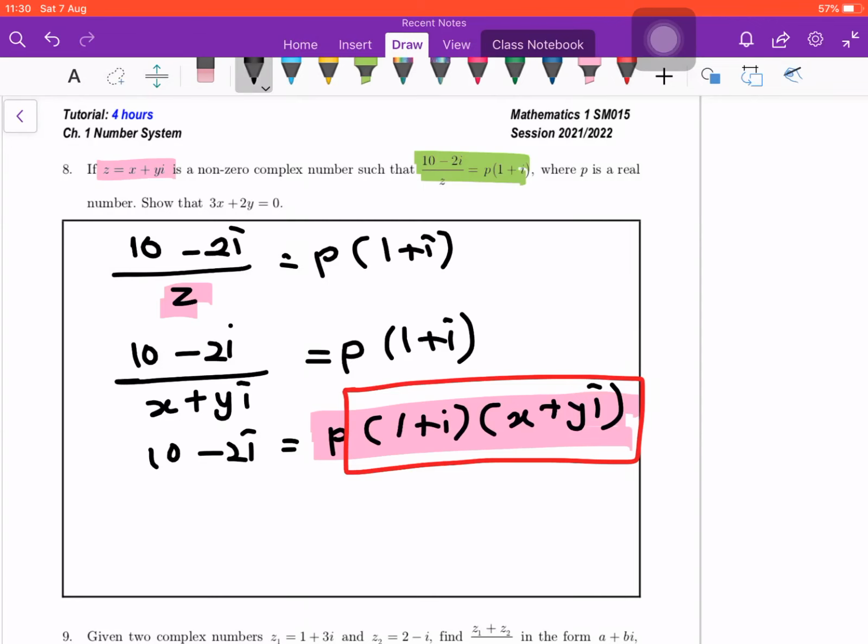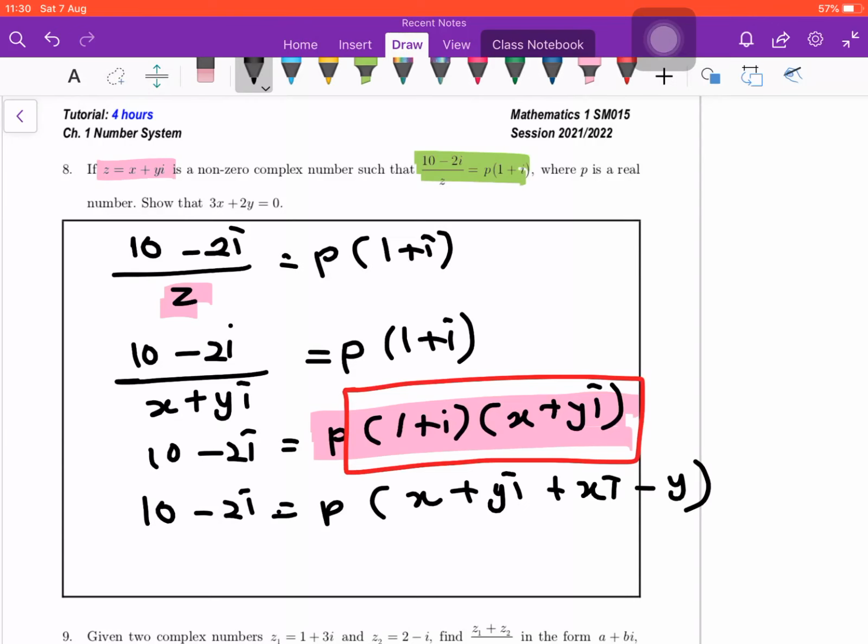Okay. So, I'm going to help you. So, kat situ, kalau you nak expand the bracket, you akan dapat P(X tambah YI tambah XI minus Y). Okay, so bila you expand yang dalam red box tu, okay, expand those brackets, you're gonna get that one.